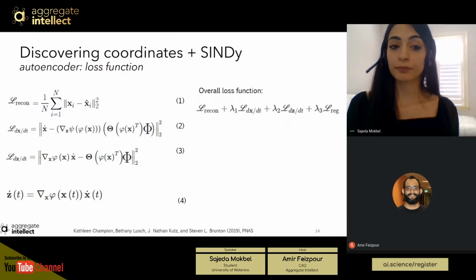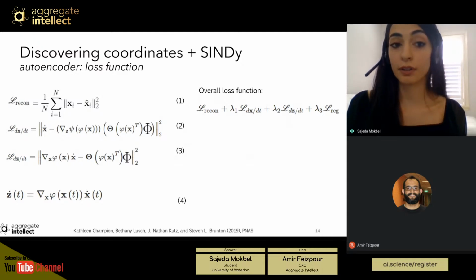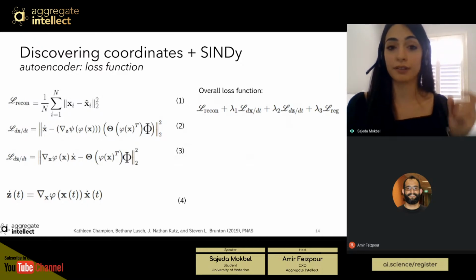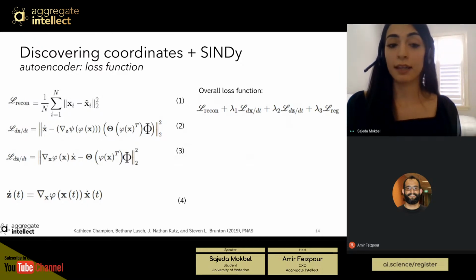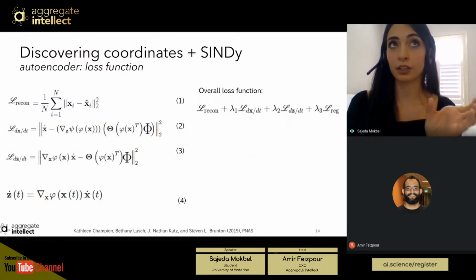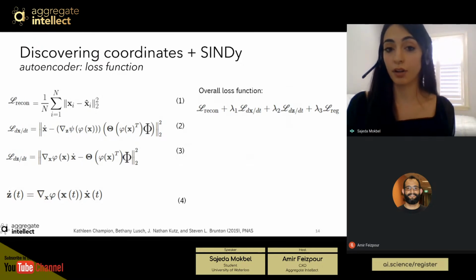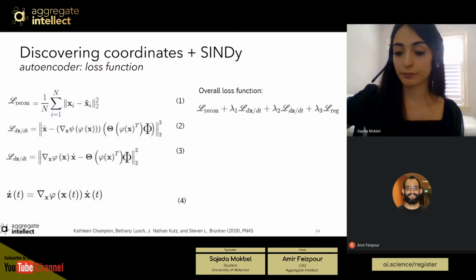And then for the latent space code Z, the time derivative of the Z variables in the latent space is computed to make it as similar as what's actually presented in the SINDy model. And yeah, so it combines all of these losses to create an overall loss function. The last term you see in the loss function is an L1 regularization term that promotes sparsity.